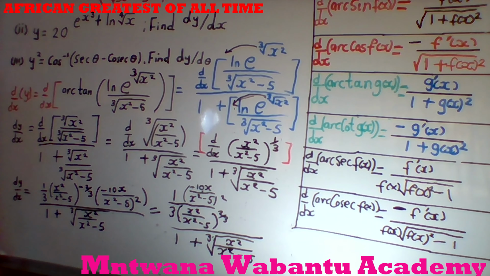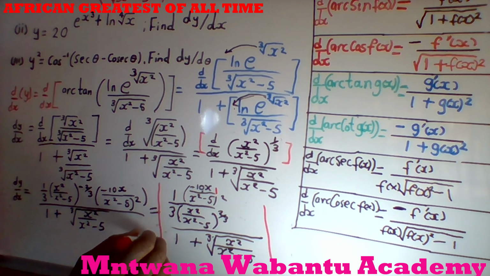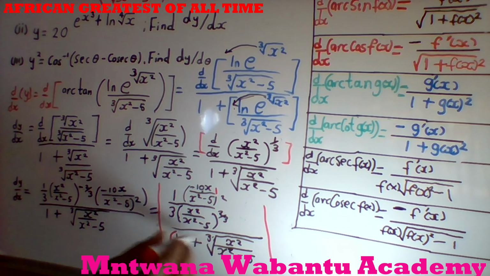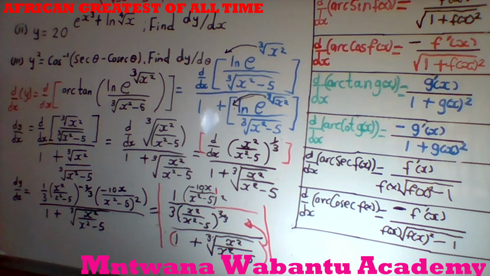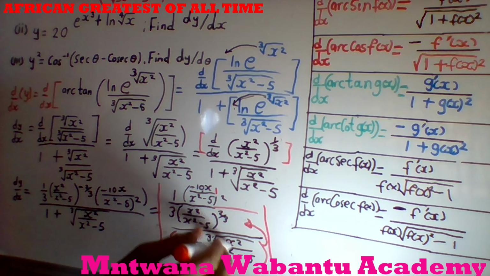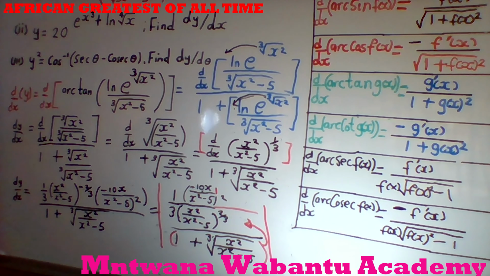So this is the final answer. However, you can simplify further by taking all this stuff and putting it here. Having it in the denominator is acceptable too. This term here and this are the same, so I'll take this one here, which has a negative power.